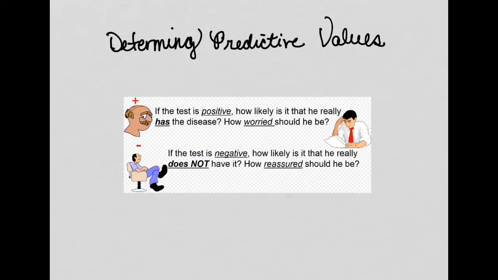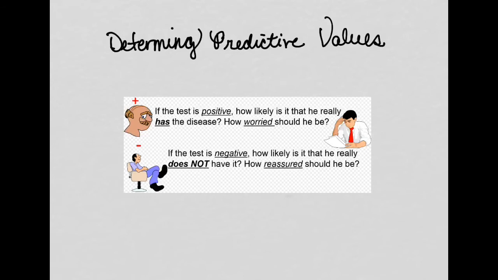Another way to think about determining predictive values is, if the test is positive, how likely is it that you really have the disease, and how worried should you be? If the positive predictive value is high, say you have a biopsy done from your breast, how likely is it that you have the disease? If it's high, you probably should be worried, because that's telling me it's a pretty accurate test that it is positive.